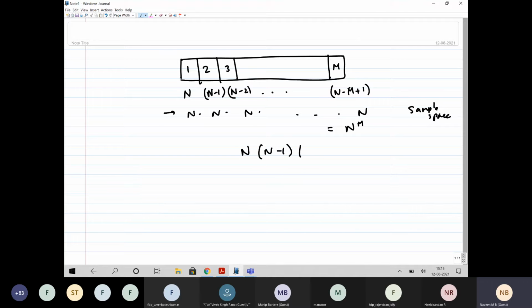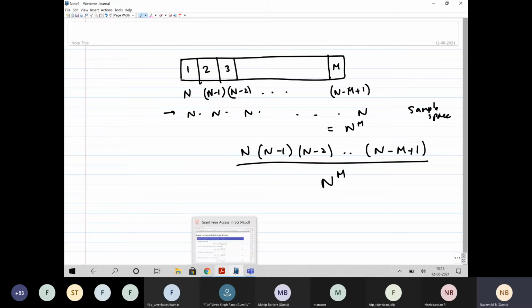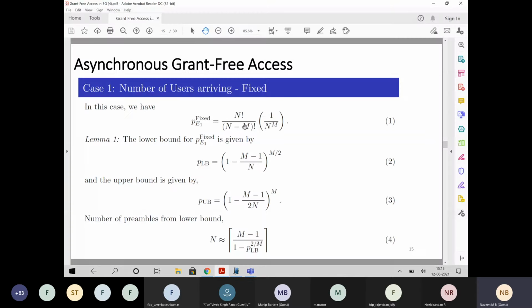It's just this product up to n minus m plus 1 divided by n to the power m. This is my probability. It's only in a fancy way we have written this as a factorial. That's all. There is nothing big. See, n factorial by n minus m factorial, that will give me that product, into 1 by n to the power m. So see, nothing big. There is no need to get scared with any math. It's a simple high school problem, as when everyone picks a different preamble, they are successful.